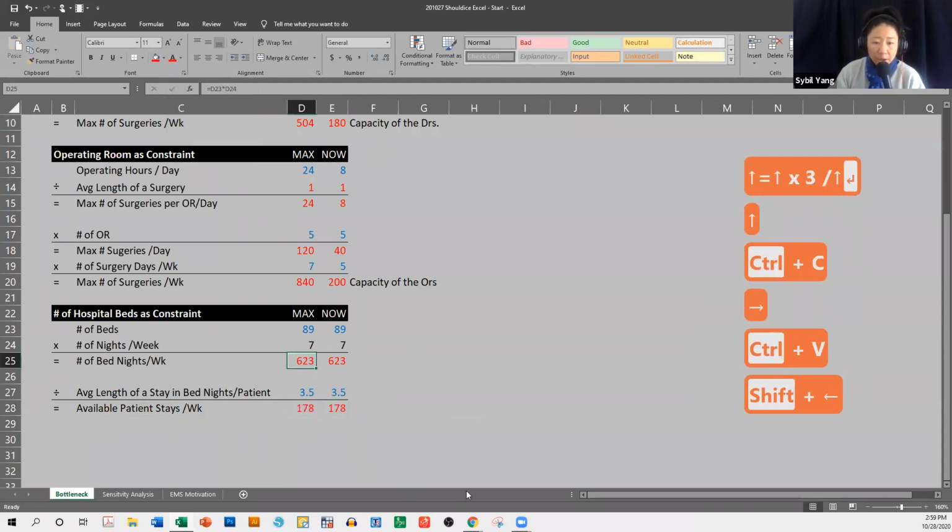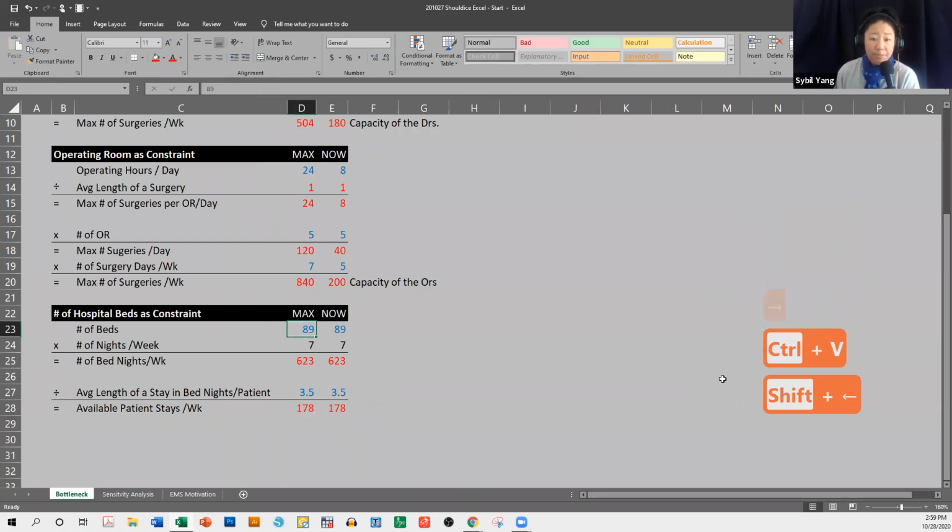So we have 89 beds, each one available 7 nights a week, which means we have 623 bed nights per week. If each patient on average stays 3.5 nights, then we can accommodate 178 patients in any given week.